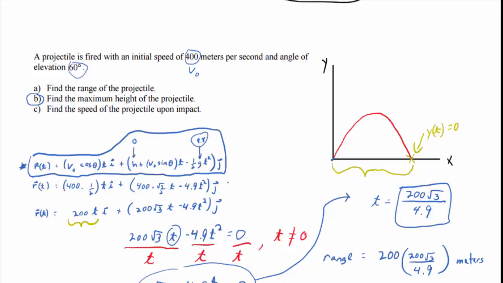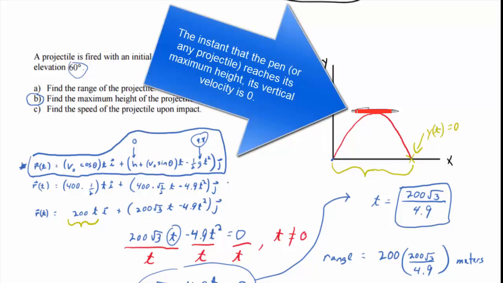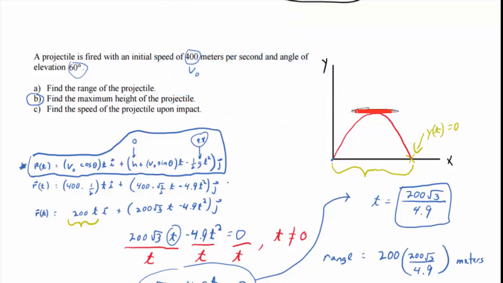If I were to throw this pin, which would be a bad idea because it's not really a pin, it's a stylus and it'll break, but if I threw it at you, it would hit a maximum height and start coming down. At that maximum height, the horizontal component's velocity is not 0, but the vertical component's velocity is 0.